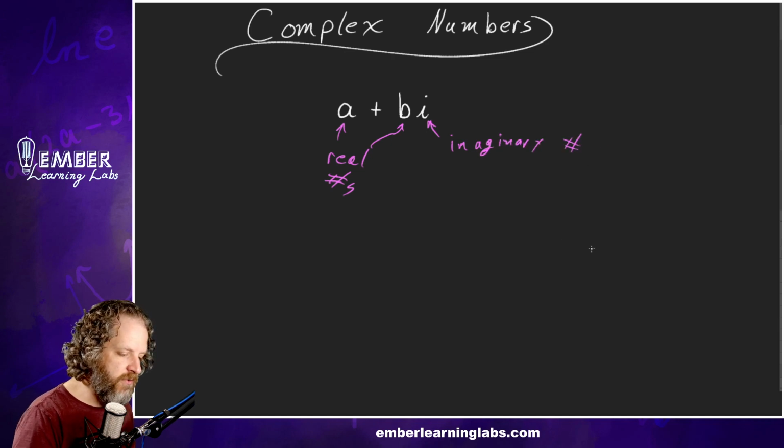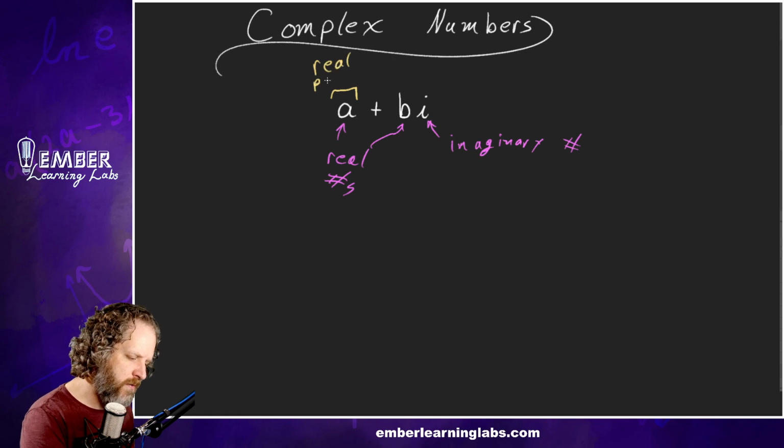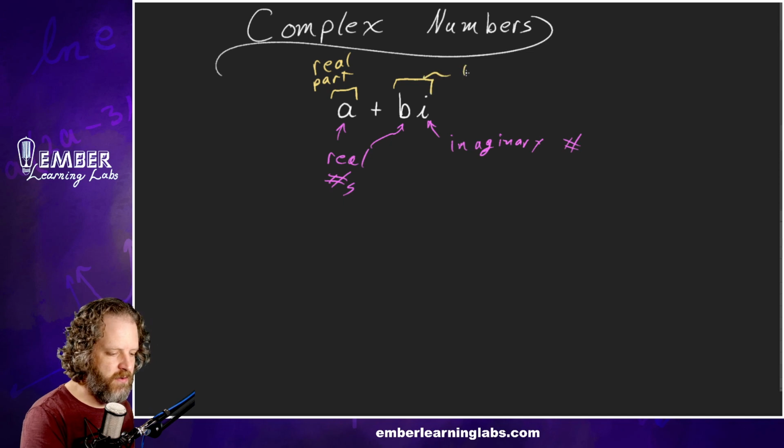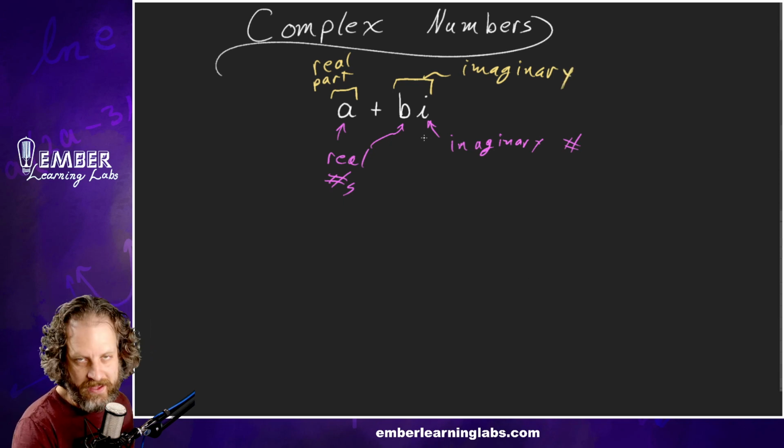Now, you notice, like I just said, that on this thing we have the real part and we have the imaginary part. And when we write a complex number, we always put the real part and then the imaginary part.